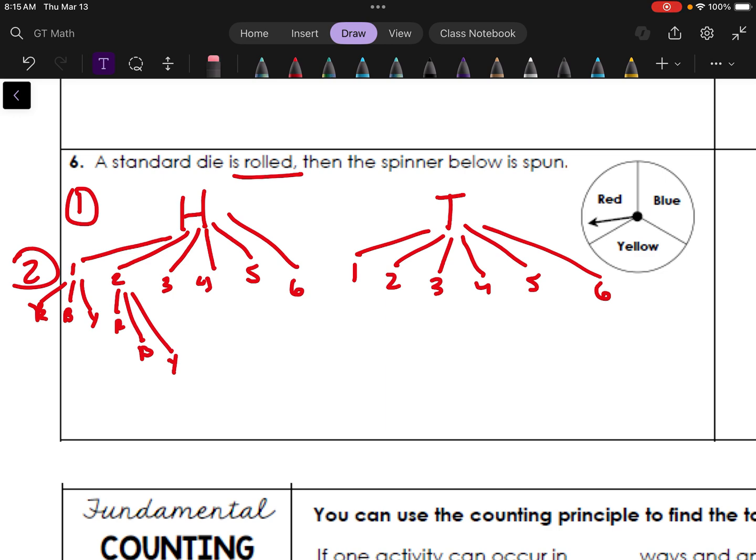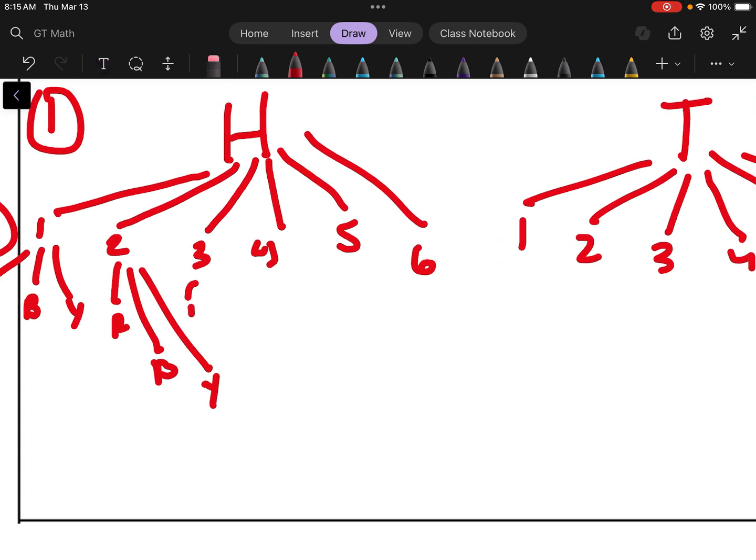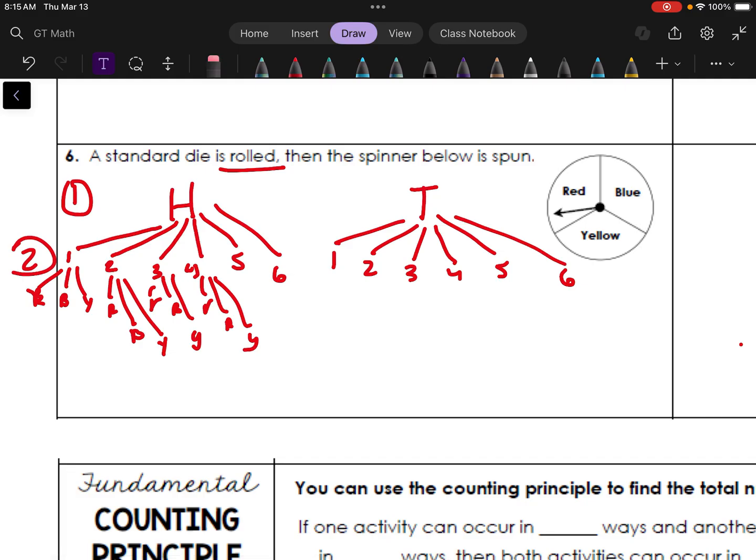And you can see how just with 3 small choices, it's starting to get really large. In fact, I can barely do this. I'm not going to be able to put red, blue, yellow without it just looking really sloppy, and it just gets really messy, right? And it's a lot of work when I could easily just figure out, okay, heads or tails, 2 outcomes. A dice is 6 outcomes, right?